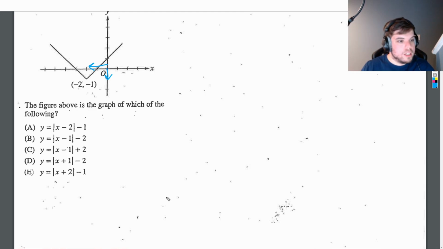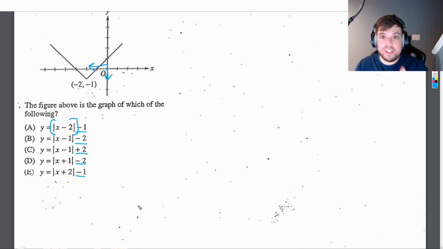With every type of function, whether it is linear, quadratic, any polynomial function, sinusoidal of any kind, logarithmic, exponential, I don't care, if you have a number after the interesting part, and in this case the interesting part is the absolute value, whatever comes after the interesting part is like the y-intercept.